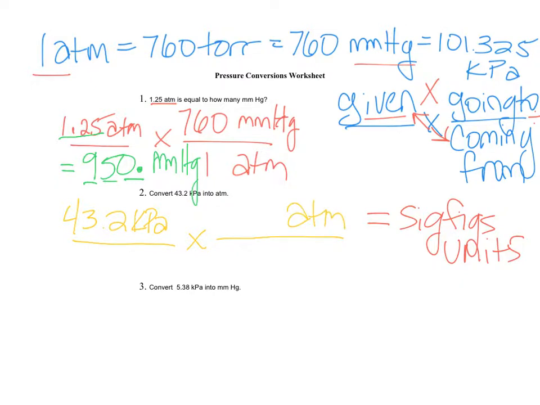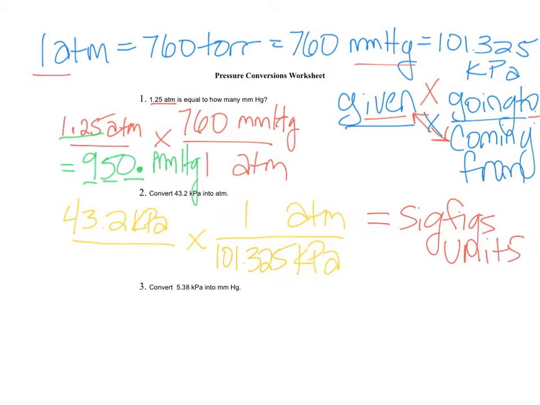And then remember in the bottom, bring that unit right down, kPa. kPa up top here. kPa has that 101.325. So for kPa, I'm going to put in that 101.325. And ATM is going to get that 1.